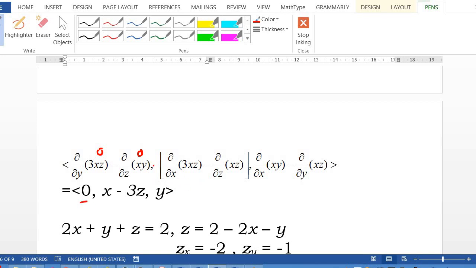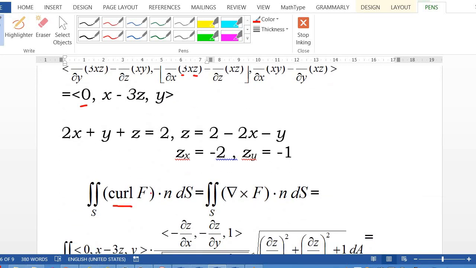For component j, you have negative: del/dx of 3xz gives 3z, because 3 and z are constant. Del/dz of xz gives x. Multiply by negative, so you have x minus 3z. Component k: del/dx of xy gives y. Del/dy of xz gives 0. So the answer is y.